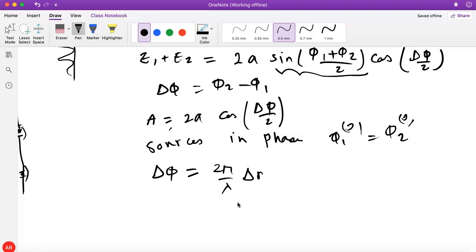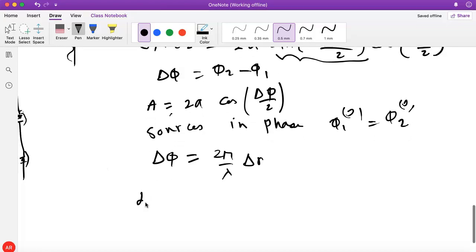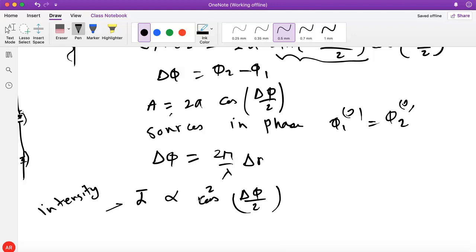All right, so now we know that the intensity is proportional to amplitude squared. So it's going to be proportional to cosine squared of delta phi over 2.